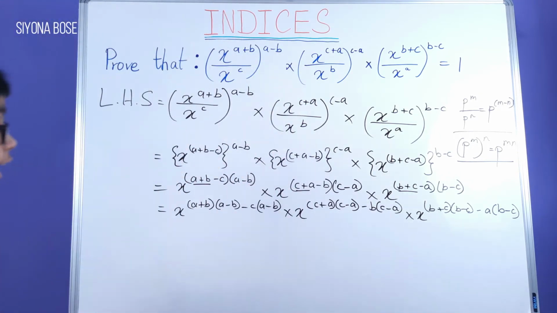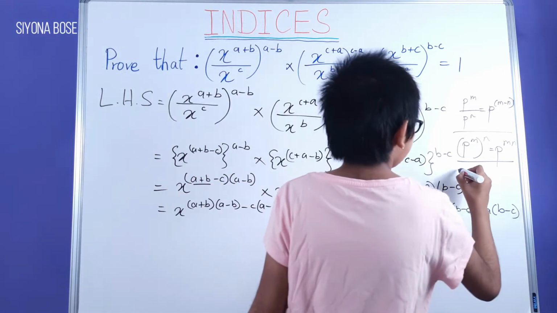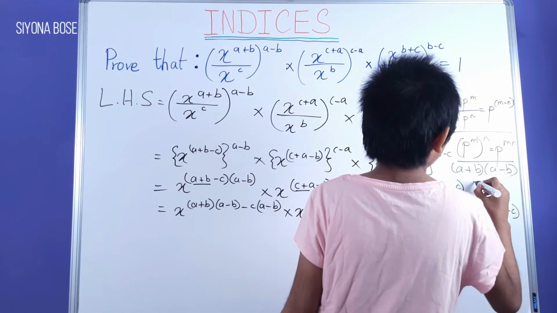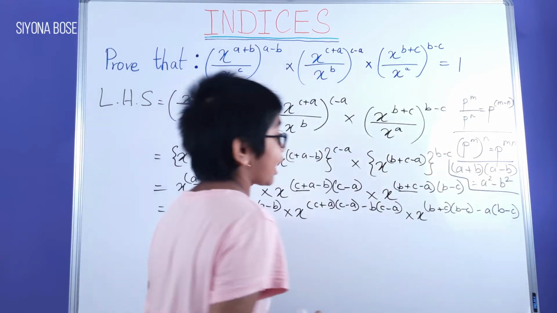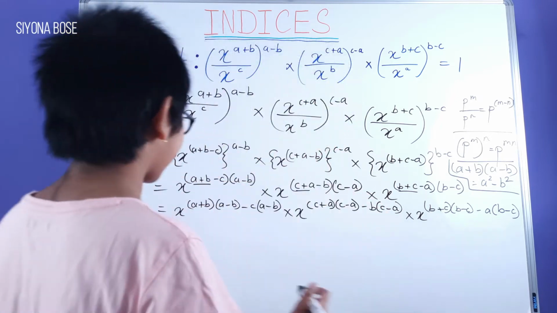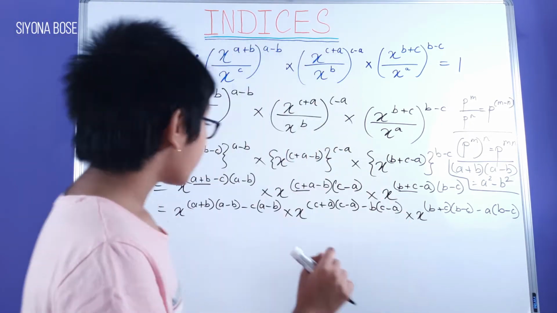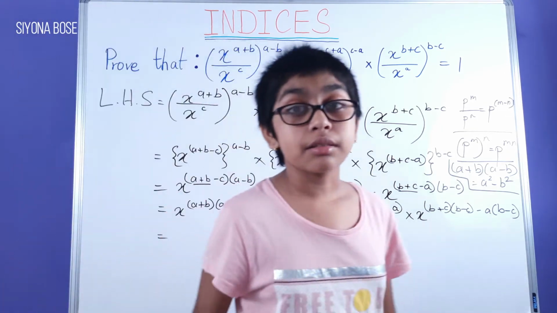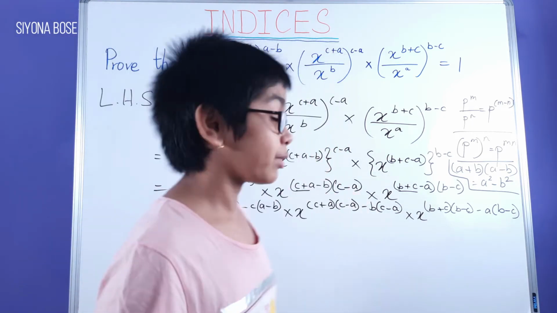Now let's do further calculations here, and here we can use the identity that (a+b)(a-b) equals a squared minus b squared. Keeping this identity in mind, and also using the distributive method to distribute this multiplication, let's do all of that together and then let's see what we get.